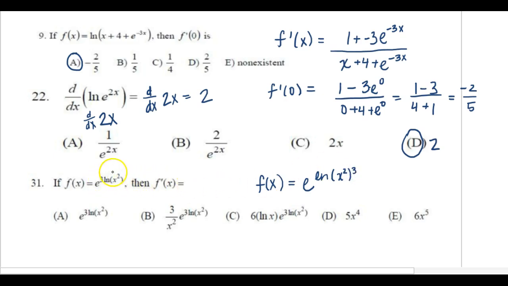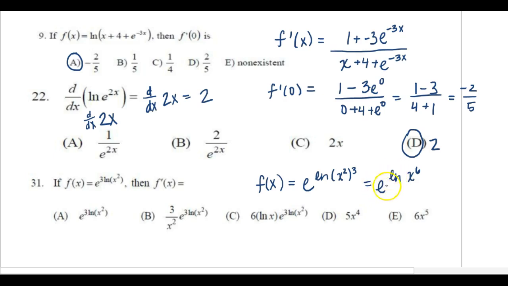So I took that 3 and I made it an exponent of the argument. Well, the argument already was x squared, so now it's x squared cubed. So this is now e to the natural log of x to the 6th. So my properties of exponents say this becomes x to the 6th.